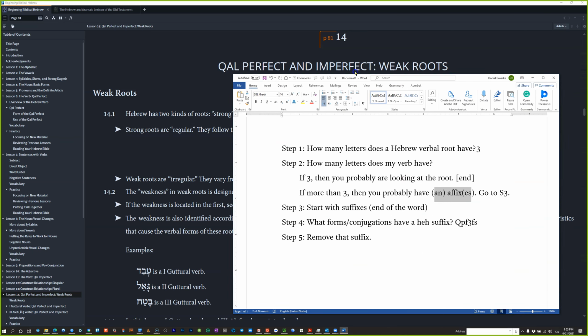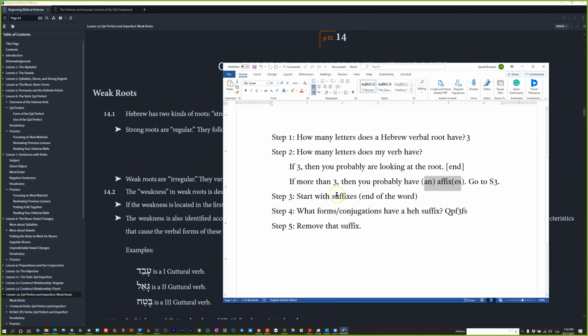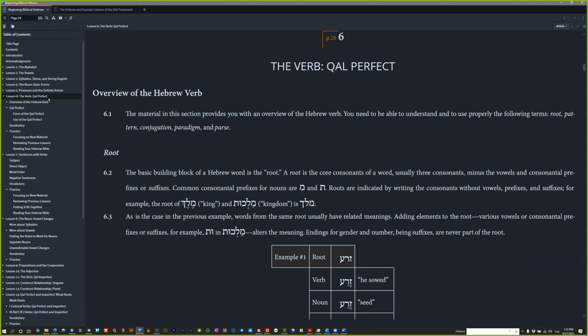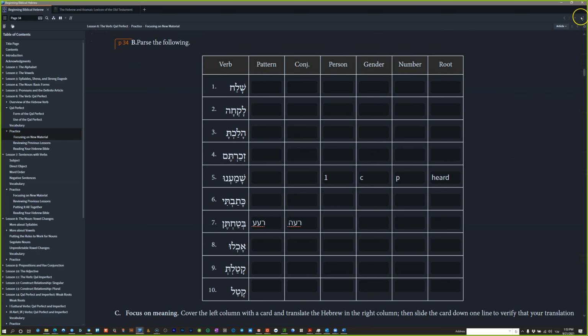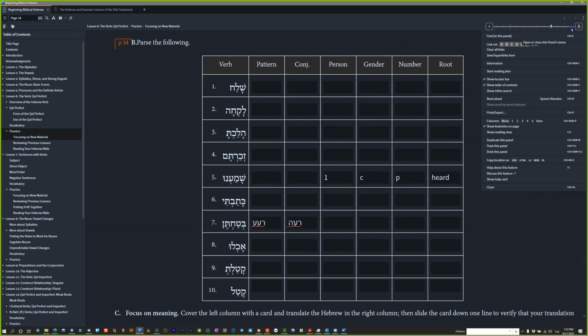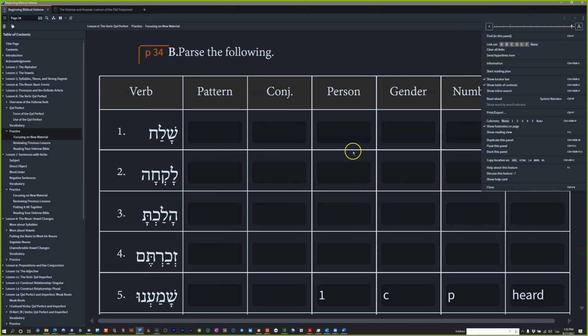But my hope is that you will already have the basic structure of this process programmed into your brain so that when we add a couple steps, it'll be really intuitive and it'll be much easier for you to recognize these irregular forms. So basically what we've been doing here is going through the parsing and the practice and applying these steps to the roots. So let's do one more here.